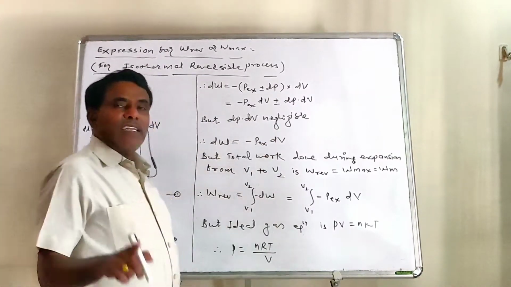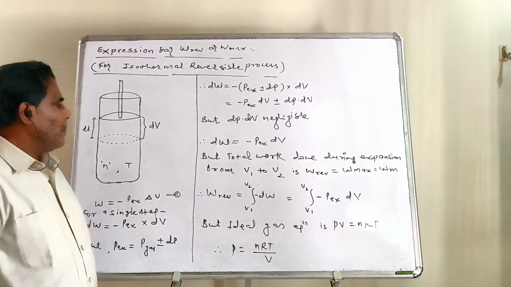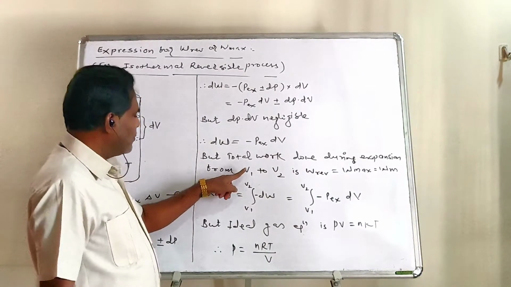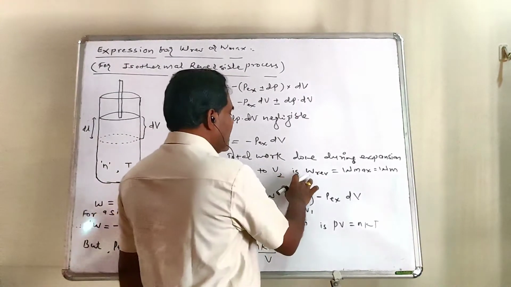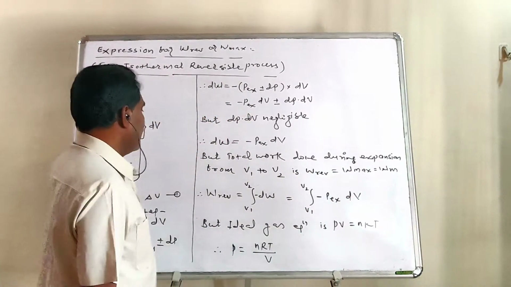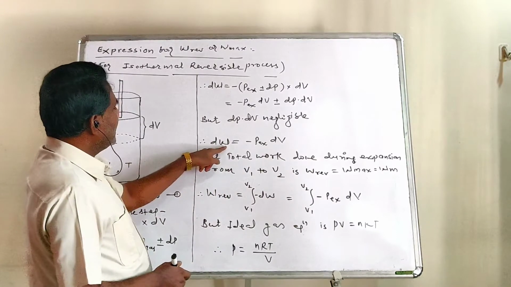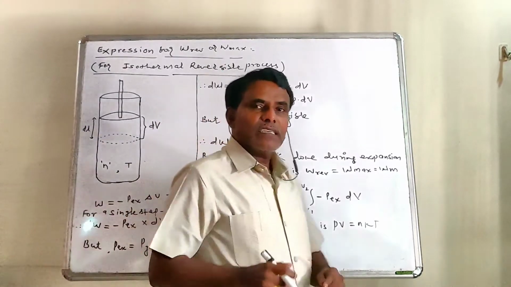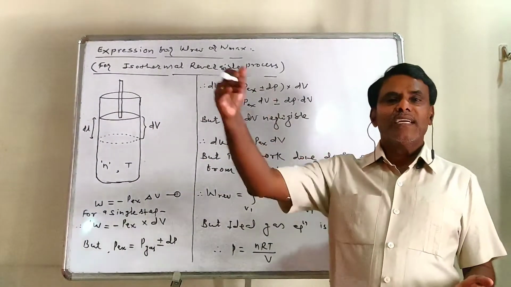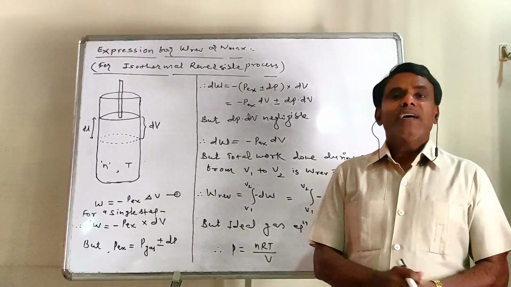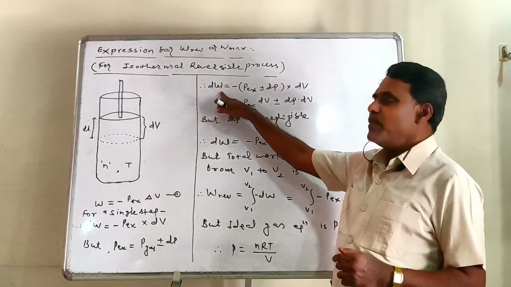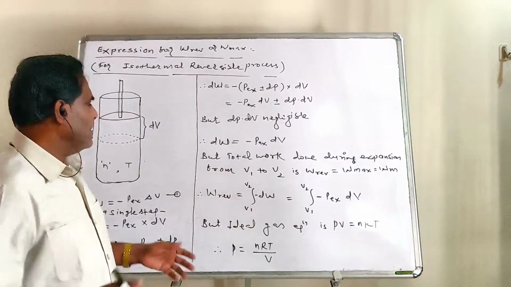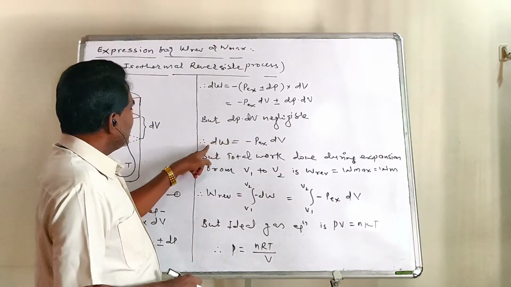But this is the work done in a single step. That's why total work done during expansion, when gas expands from initial volume V1 to final volume V2, that is equal to W reversible, and that is the summation or integration of all these dW terms, or P external dV terms. See, if gas expands reversibly from V1 to V2, then in every step the work done is equal to dW, but in the total change the work done is the summation, that is integration, addition of all such dW terms.